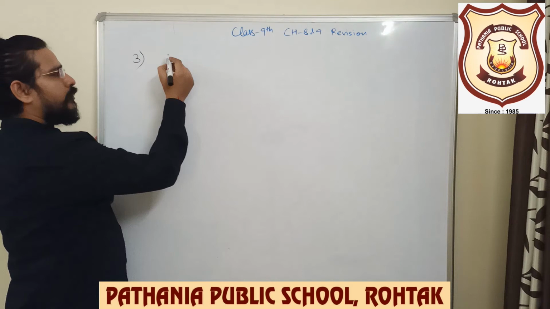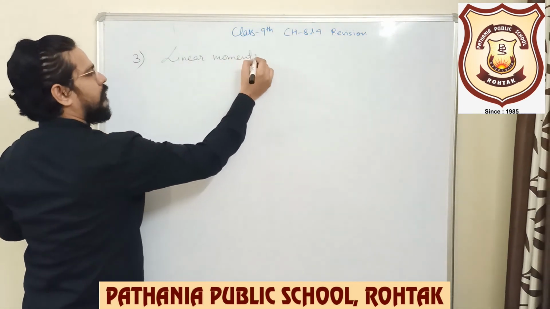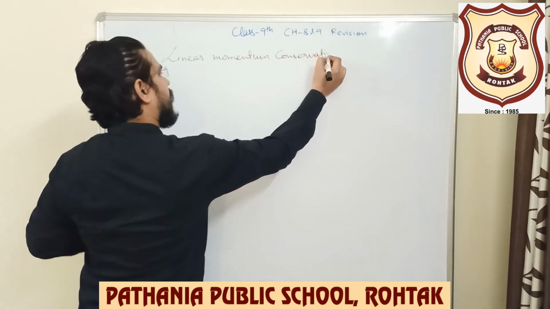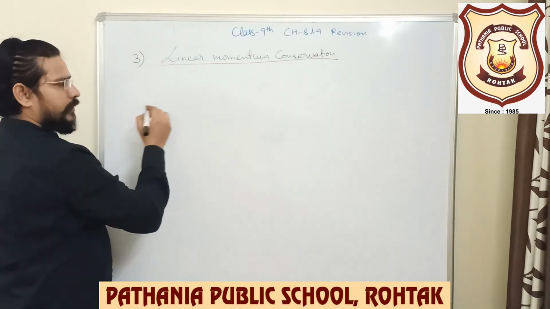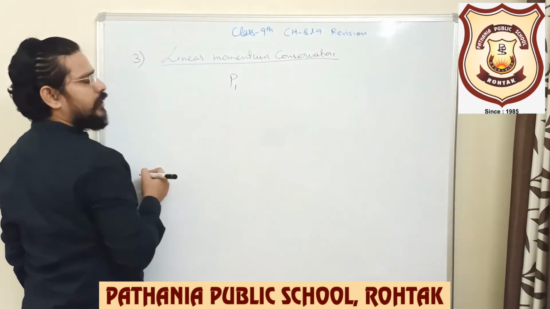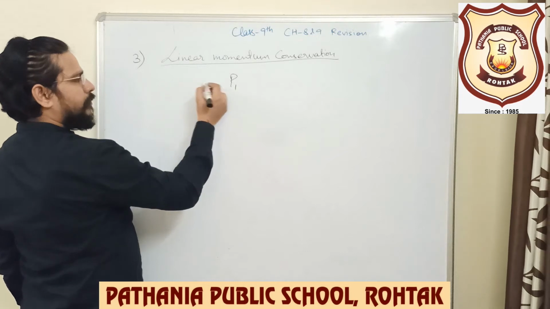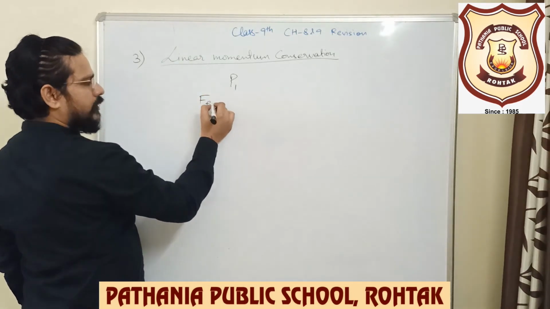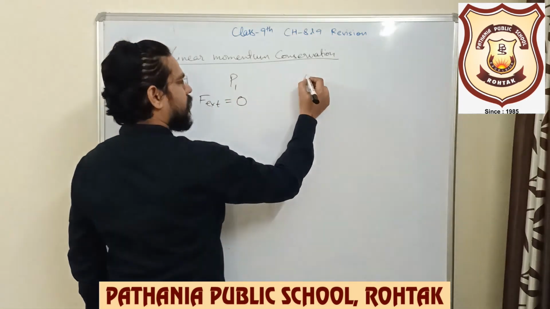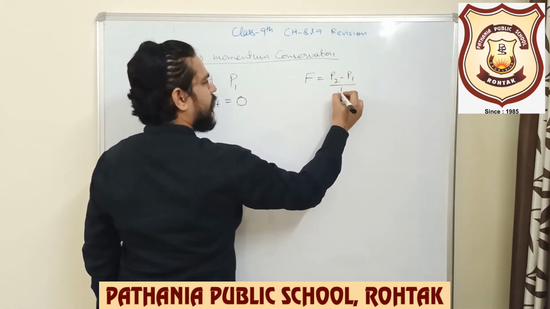So let me first explain again what is linear momentum conservation, or simply momentum conservation. According to momentum conservation, if a system has some initial momentum P1, it may have any value, and there is no external force, then by Newton's second law of motion, F is equal to (P2 minus P1) divided by time taken.